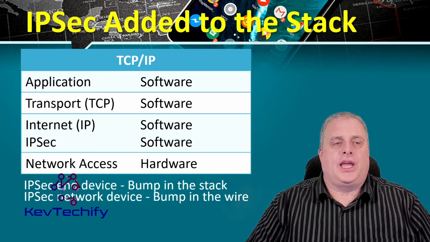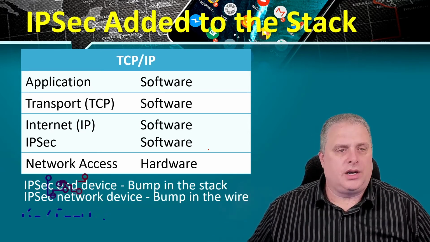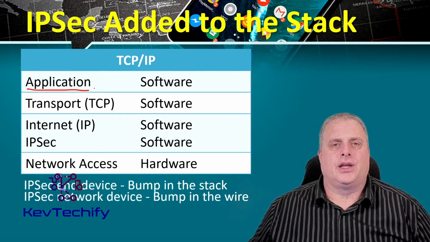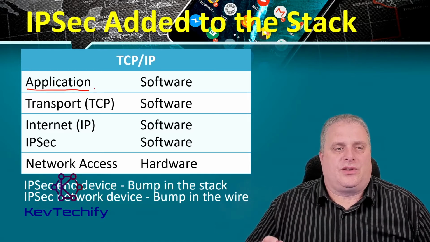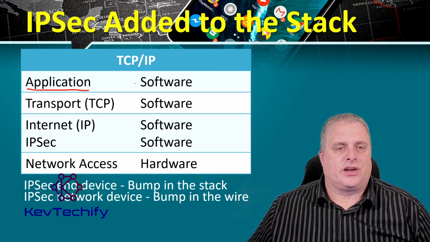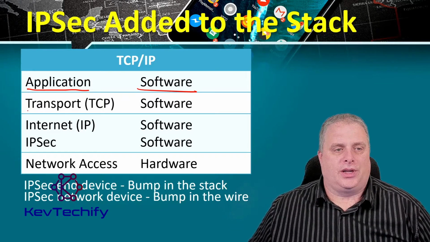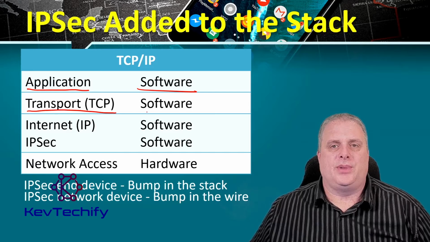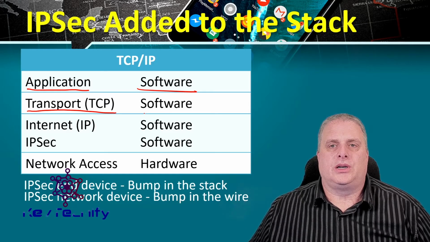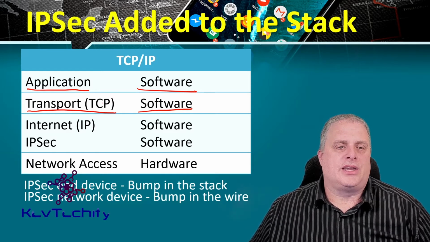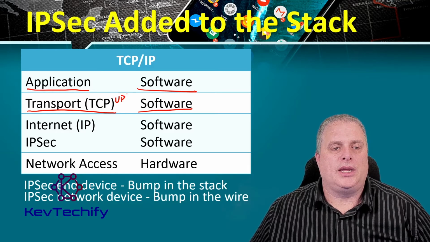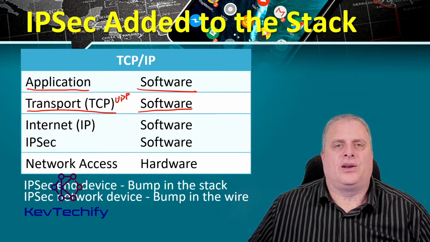You have the application layer, which is in software. Then at the transport layer, this is where we have TCP. This is also done in software, and along with TCP, we can also put UDP into the same category.